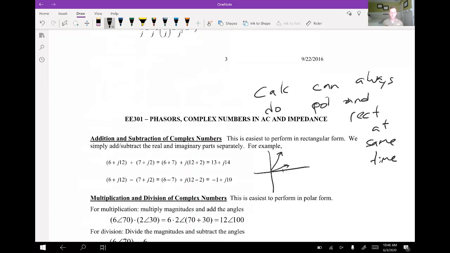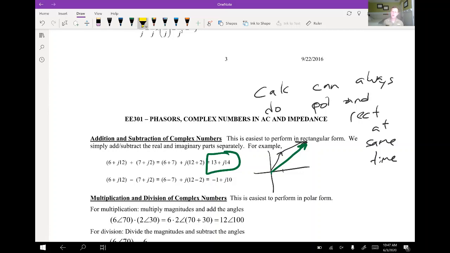So there's two vectors, and if I wanted to add these, then I put the tail of this one on top. There's the 7 plus 2j that I've taken, and it goes on top. And now it goes right here, and in green, I'll put a new vector. So what is this new vector? This new vector is 13 plus j14. That's how the vector addition works. And we just add the rectangular components.